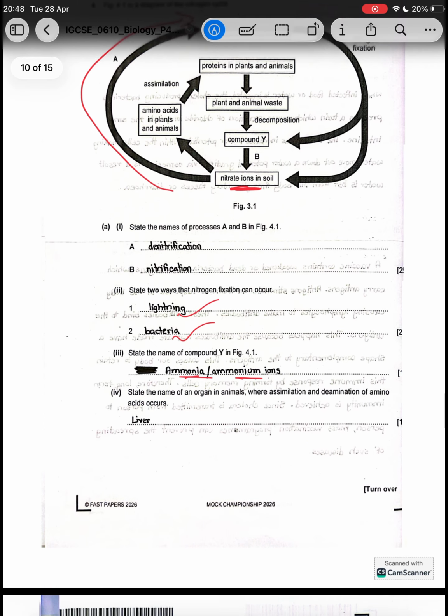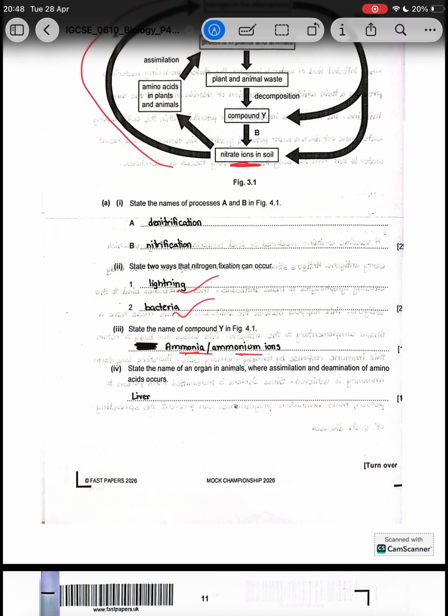Okay, so last one is state the name of an organ in animals where assimilation and deamination of amino acids occur, and it is the liver, because the liver is where assimilation of digested materials takes place.